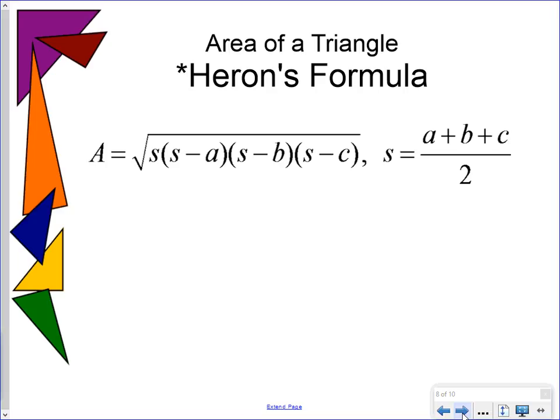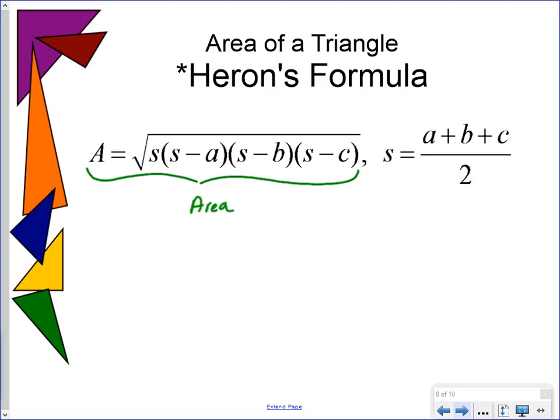There's actually two parts to Heron's formula. The part that actually calculates the area is this stuff with the square root. The area is equal to the square root of this large product, S times (S minus a) times (S minus b) times (S minus c).